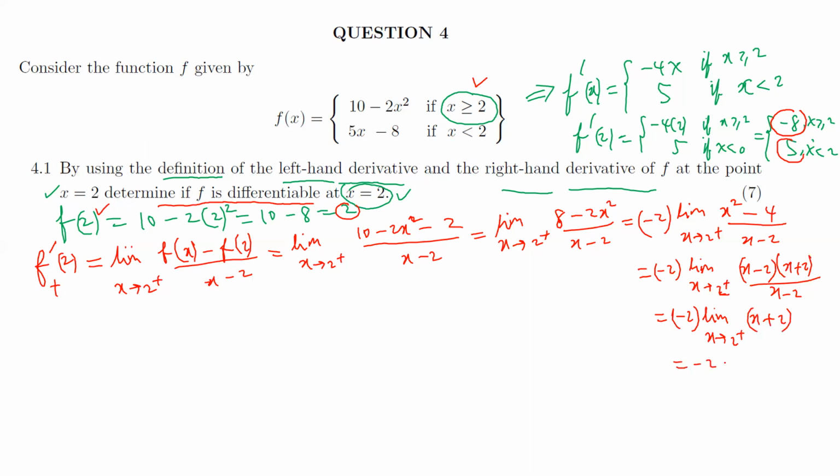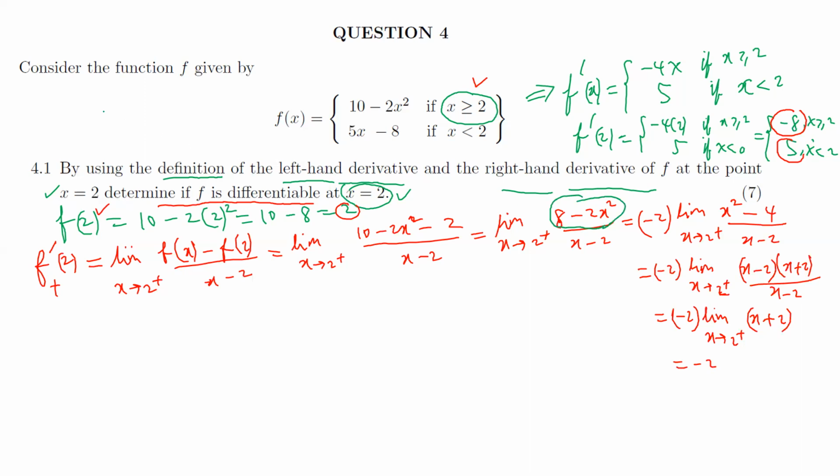Yes, please. How did you get this minus 4? That's a good question. I factored out minus 2 from the numerator. So in other words, from that expression, I factored out minus 2.